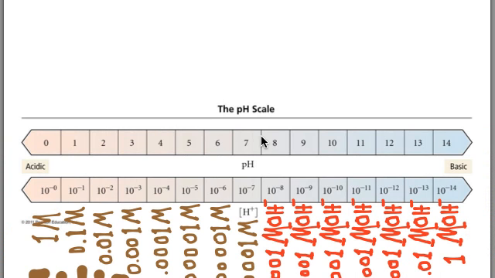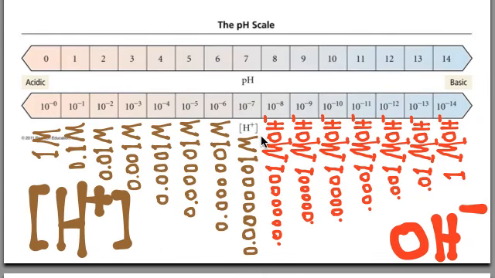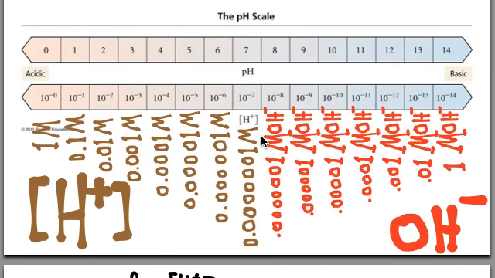Alright, here's the pH scale again, a different way to look at it. pH 7 is neutral in the middle. Anything lower than 7 is an acid, anything higher than 7 is a base. Here's my acid concentration: 1 molar, 0.1 molar, 0.01 molar, 0.001 molar, 0.0001 molar, 0.00001 molar, and by the time you're here, it's 10 to the negative 7 molar, which is sort of the measured autoionization dissociation for water anyway.